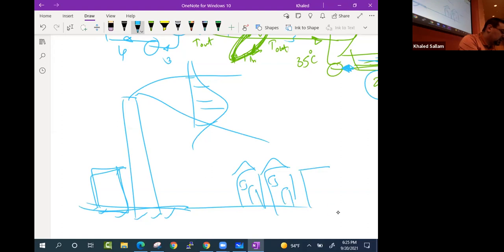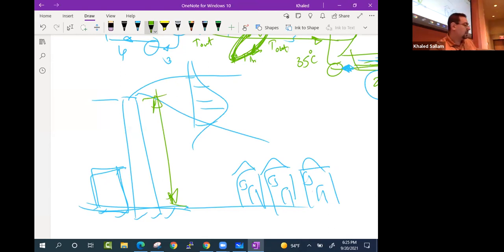Those are the houses in the city. So you want the concentration to be really high, but also because that height will determine what? Can you guess?